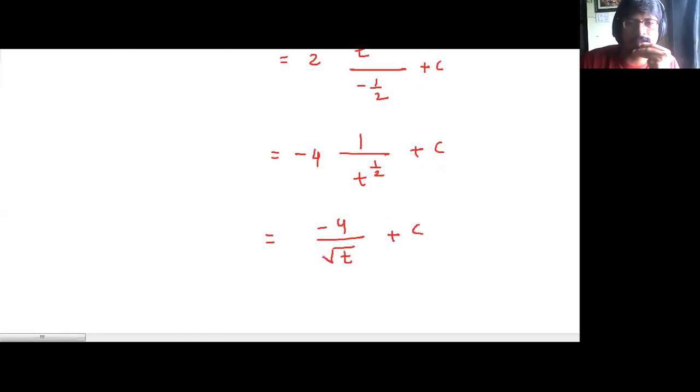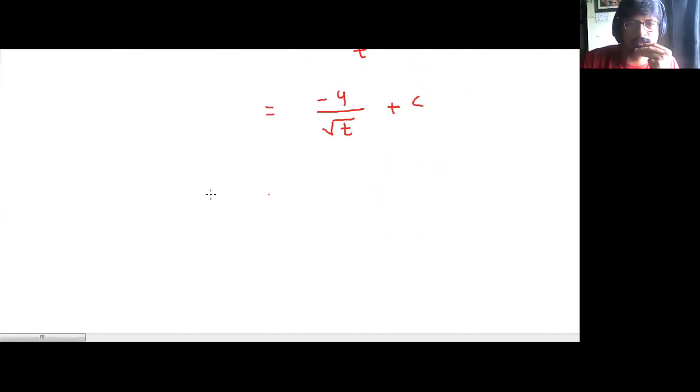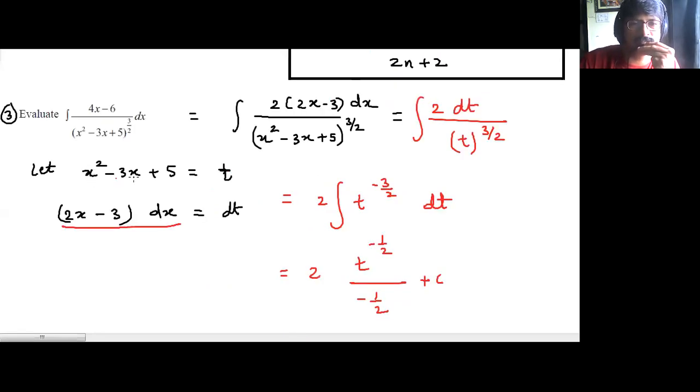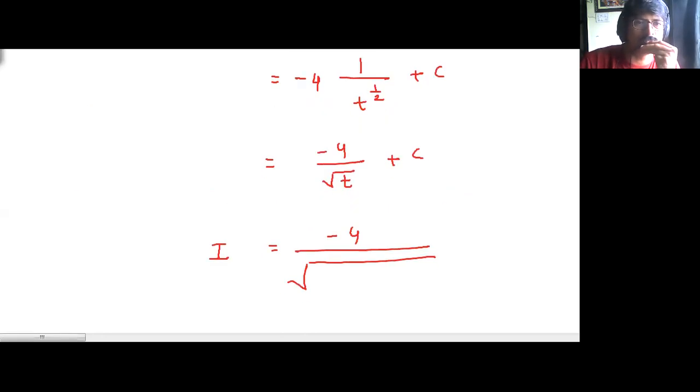Now what was t? t was x square minus 3x plus 5, so it will become negative 4 whole thing upon root of x square minus 3x plus 5. I'm resubstituting, so I can just copy paste and plug in the value of t, plus c.